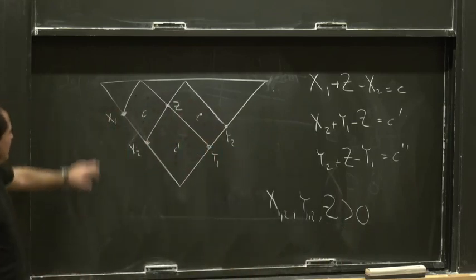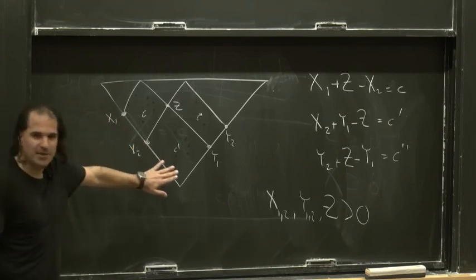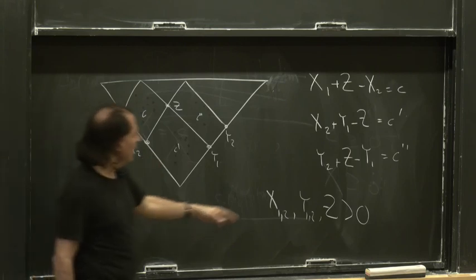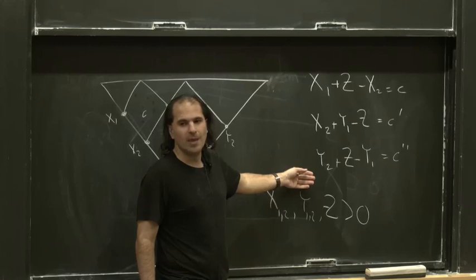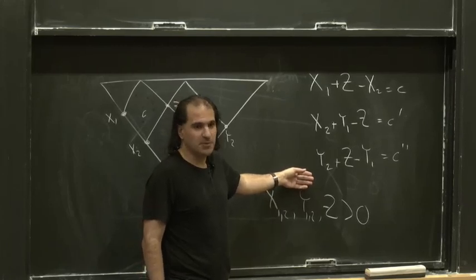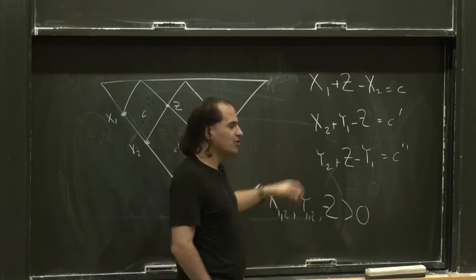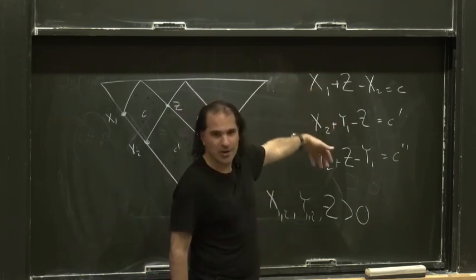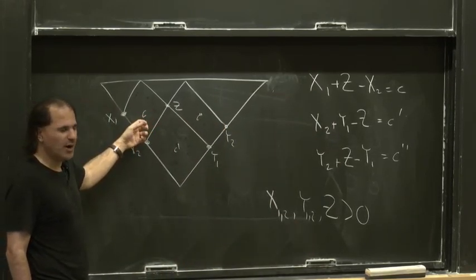My data is x1 and x2. So I want to see in x1, x2 space, there's going to be some nice region where this is true. But here are 3 equations that I can use to solve for y1, y2, and z in terms of x1 and x2. Now I could sit here and take linear combinations of these equations to do it, but we can go back to the picture and just let the picture do it for us.